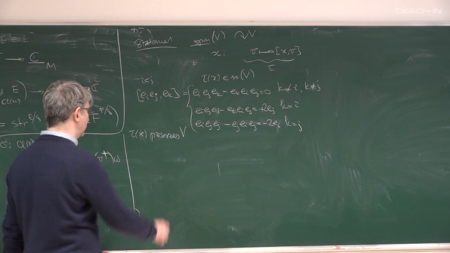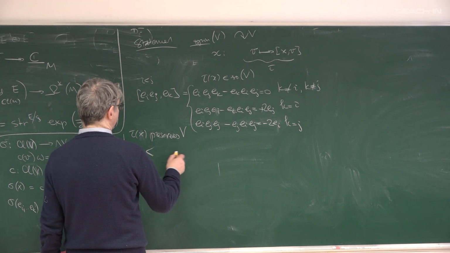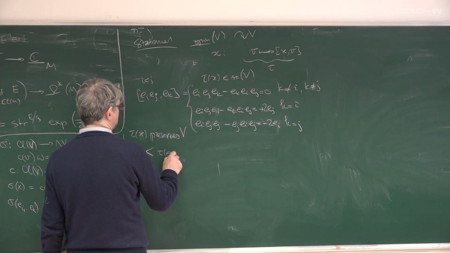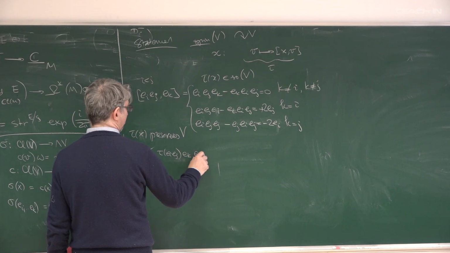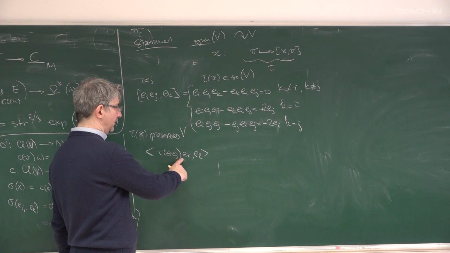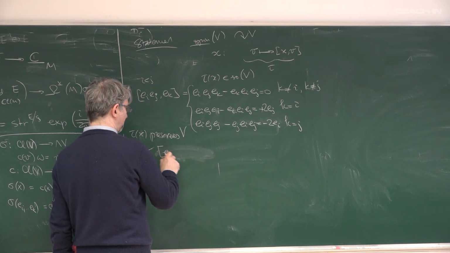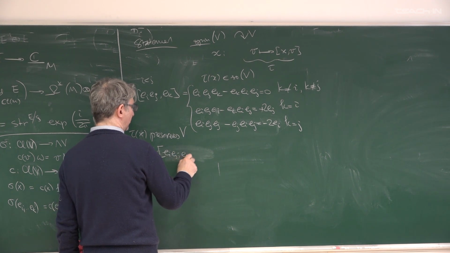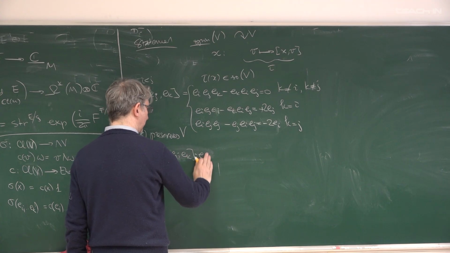How to check it? We need to calculate the scalar product of what? We take the action of this. Write the commutator. Don't write stupid formulas. e_i e_j, commutator with e_k, then scalar product with e_l.